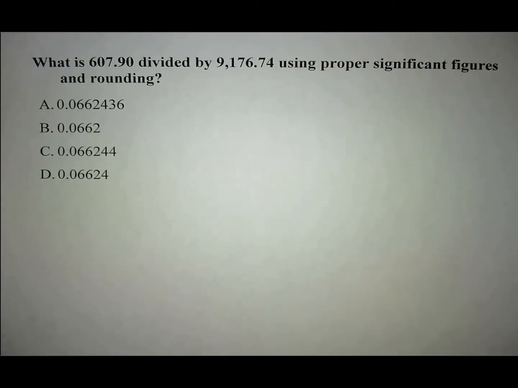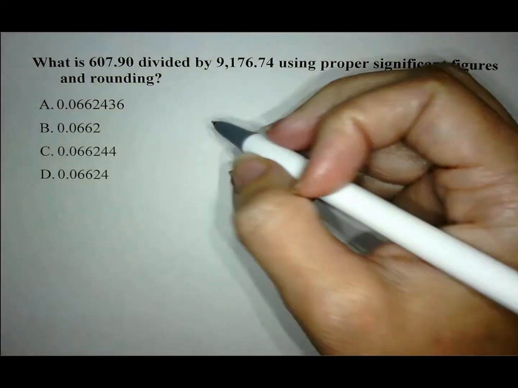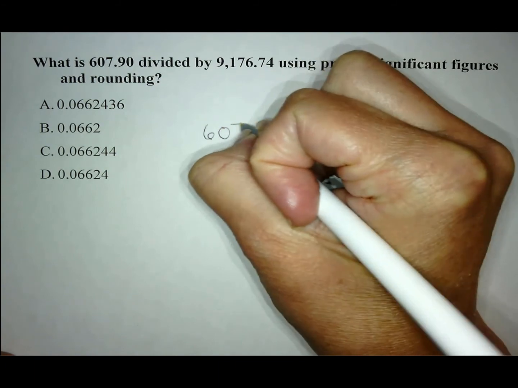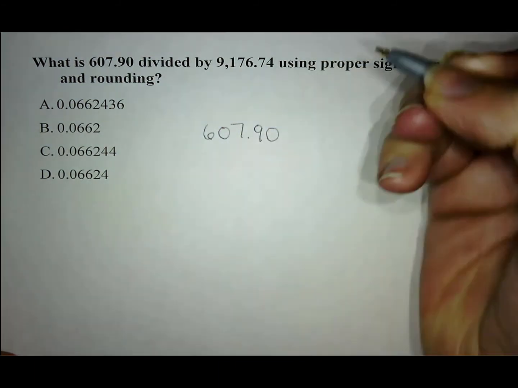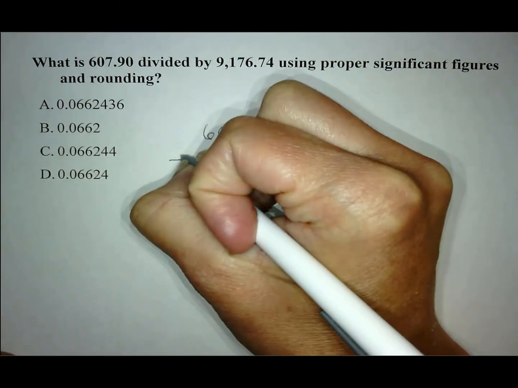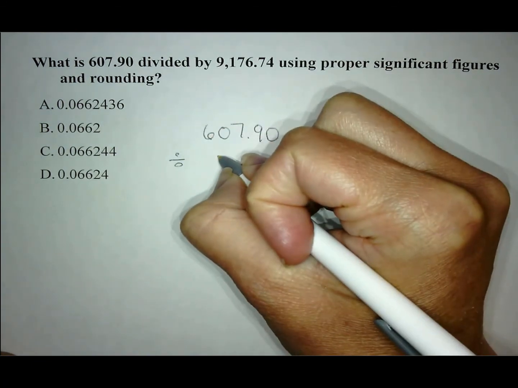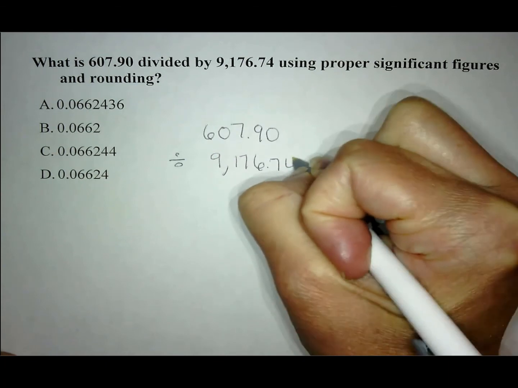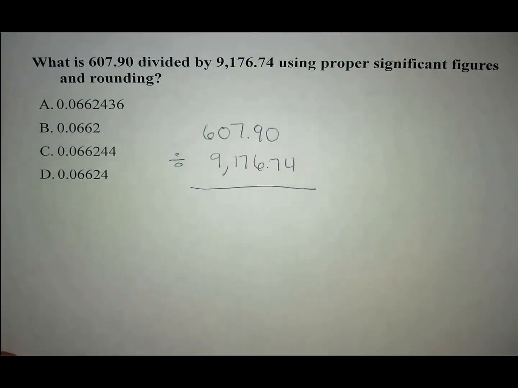This is a division problem, so we're going to use our multiplication and division rule, which goes by total significant figures. We are dividing 607.90 by 9,176.74, and we want to get proper significant figures out of it.